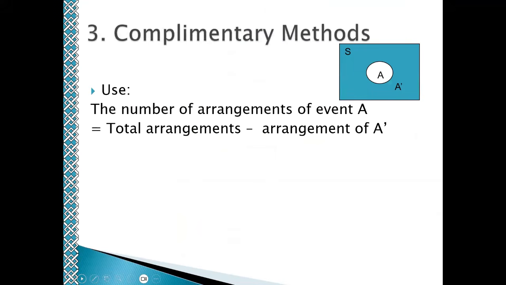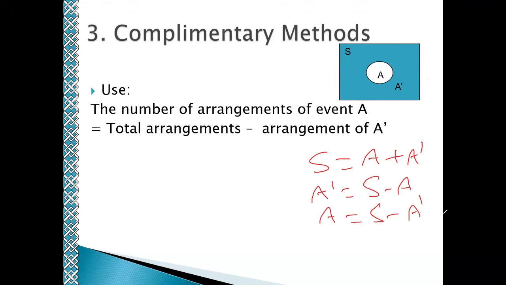Okay, so this is the complementary method. S is the total sample space, with A and A complement. From this diagram, I can have three equations. S is equal to A plus A complement. If I want to get A complement, it will be S minus A. If I want to get A, it is S minus A complement.